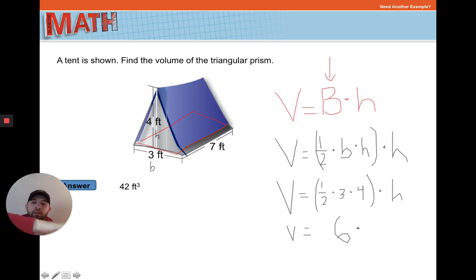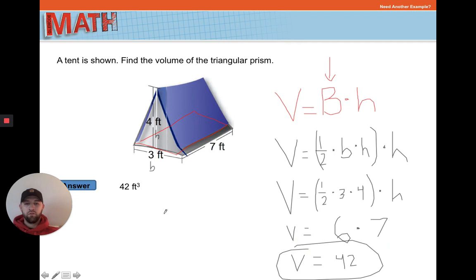Technically, this big long length now, which was 7 originally, becomes my height going straight up and down. Okay, so we pick that tent up and just put it on its side. So now 7 is the height. And when we multiply 6 times 7, we get 42, which is the answer, 42 feet cubed.